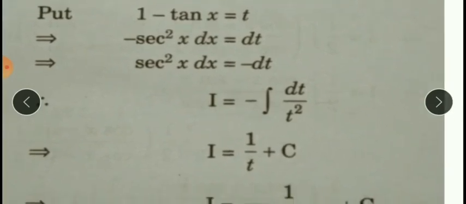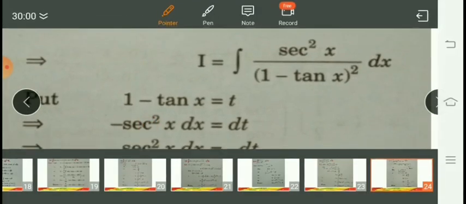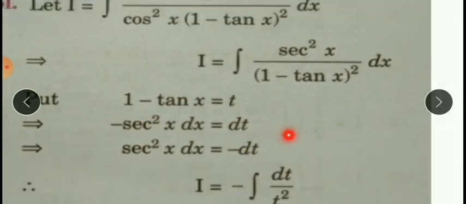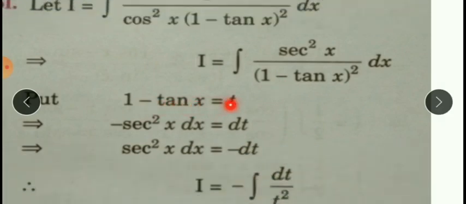Therefore, substituting this value, I is equal to minus integration dt upon t square. We are substituting this value here in this expression. Numerator is sec square x dx, which is minus dt, and denominator is 1 minus tan x, considered as t, means t square.